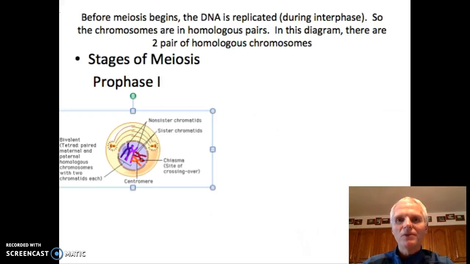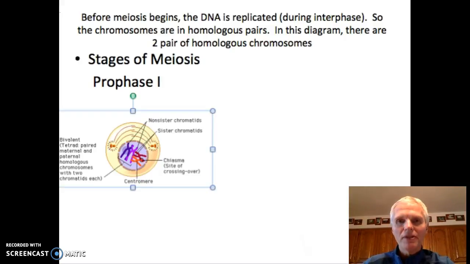Well, before meiosis begins, just like mitosis, the DNA doubles, and so when we start meiosis, specifically prophase 1, the chromosomes now have been duplicated, so they are in pairs. So we have 23 pair in a human, 23 pair of homologous chromosomes.